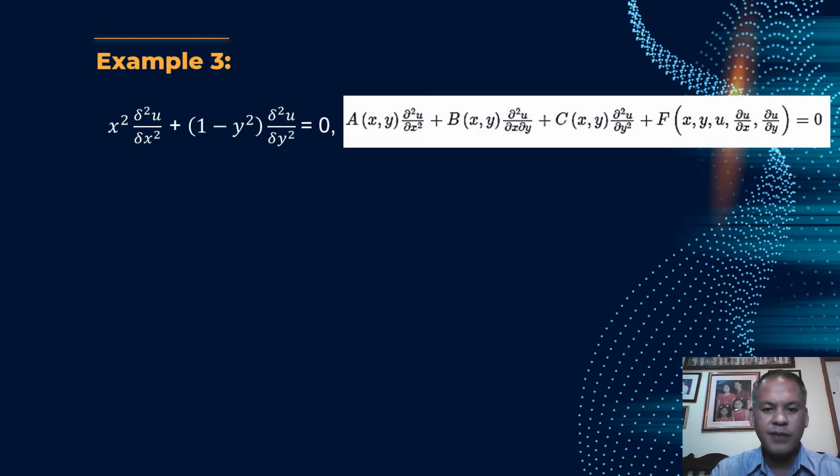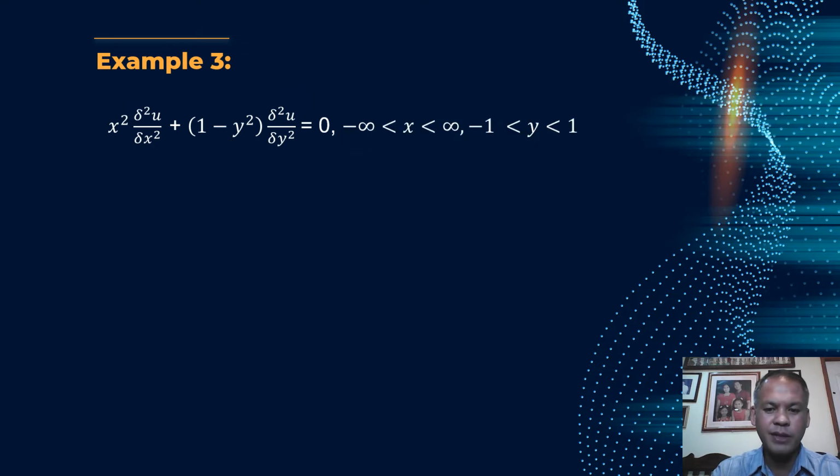Now again, if we check the general form, a here is equal to x squared, b is none or 0, and c is the quantity 1 minus y squared.